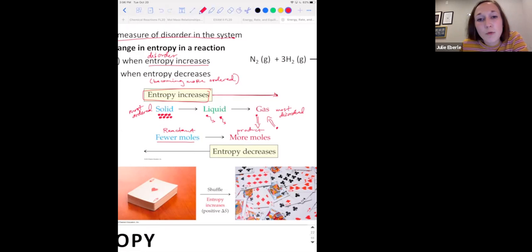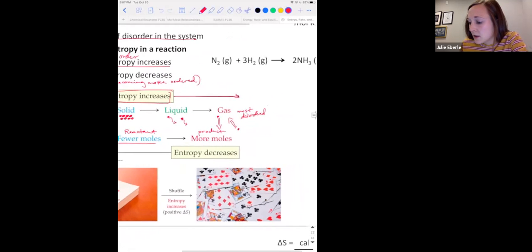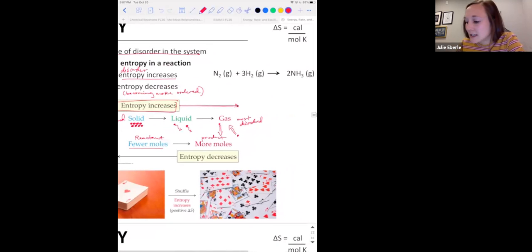So for example, what would be an example of that? I'm thinking about the kinds of reactions we learned: combination, decomposition, single, double displacement, or combustion. Can anybody think of one that's a great example of going from fewer moles of stuff to more moles? Decomposition is exactly right.